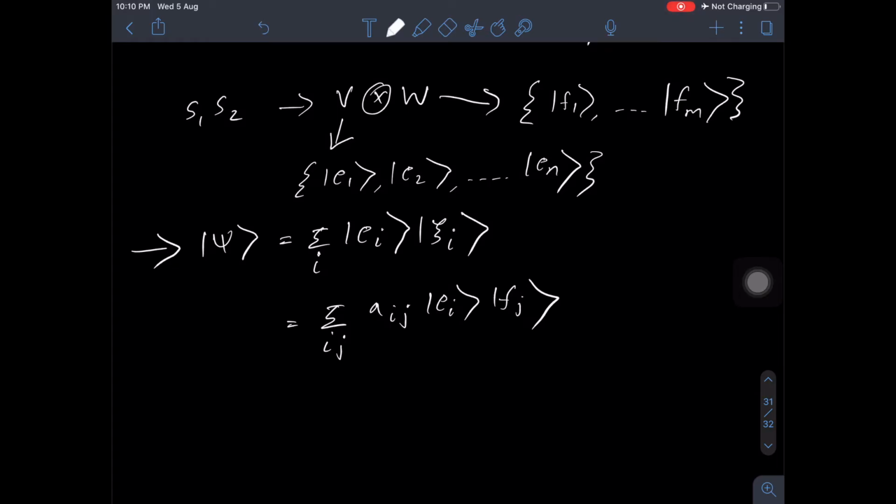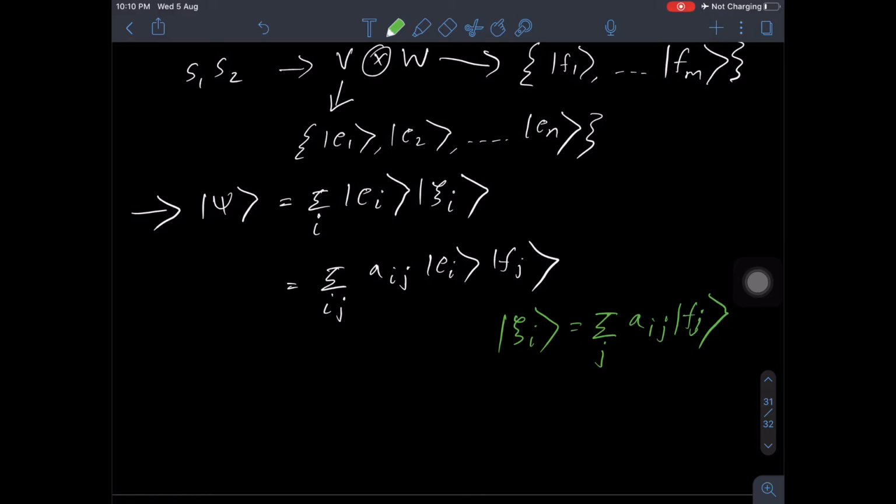Okay, so from here I can see that xi I can be written as sum over j of a I j f j, right? So this is the idea, that I can write a composite system in this way.